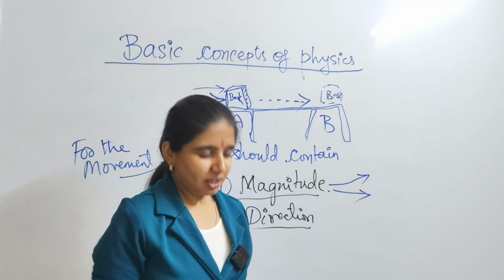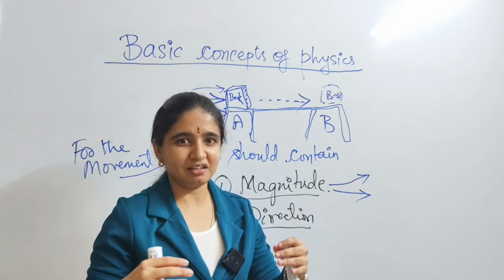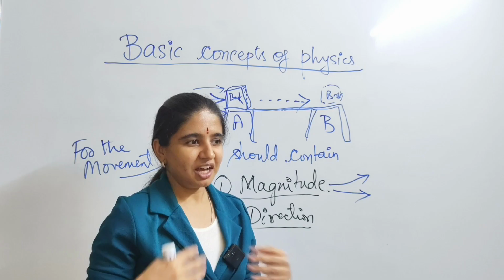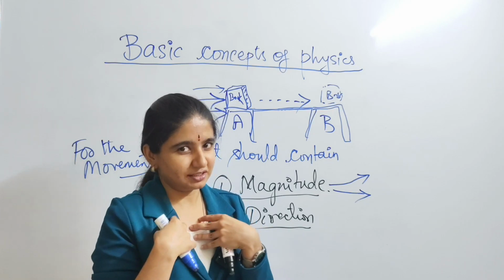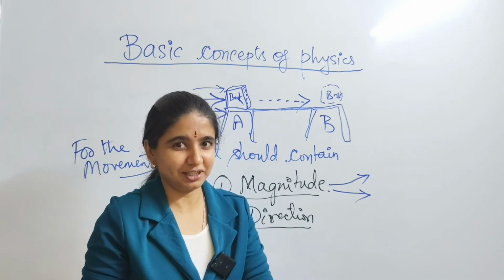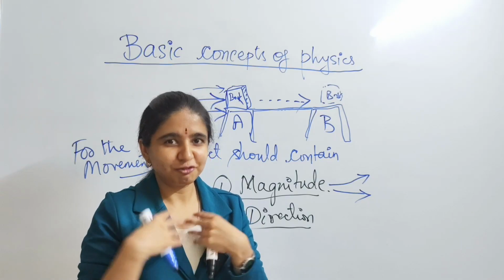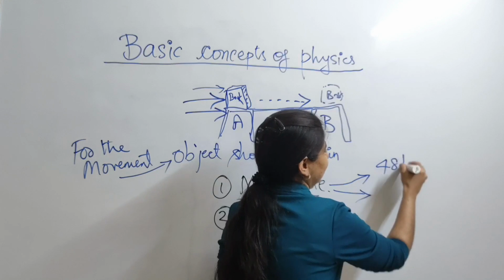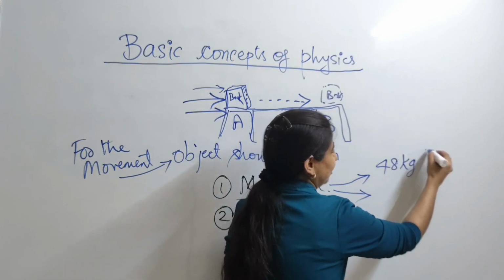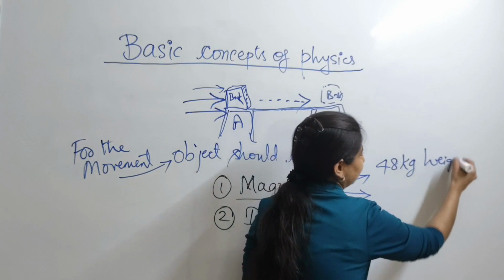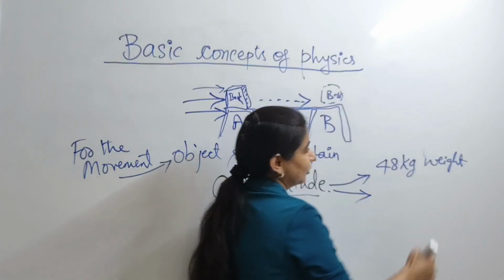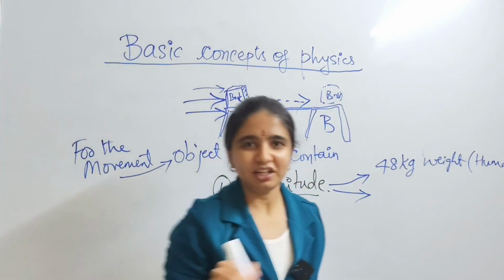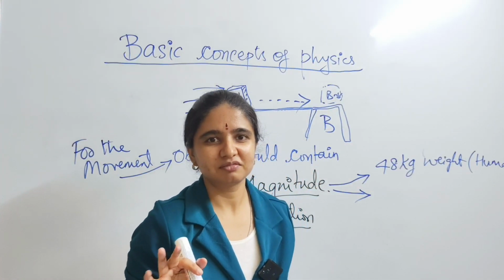Now, I should not reveal my personal things, but I am telling you, my weight on this earth is 48 kg. Human weight. I am human only, right? Not an animal, not a bird.